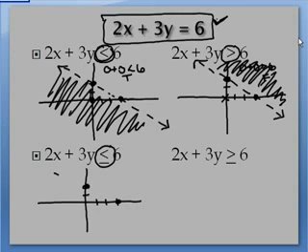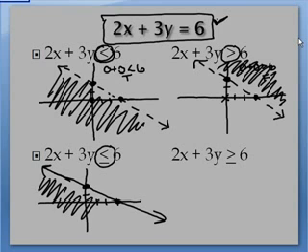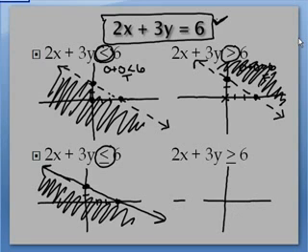So instead of drawing the line dashed, I draw it solid. And then we want less than, so we know from above that we shade this side. And then this last one, you can probably guess what it's going to look like. Draw the boundary line.